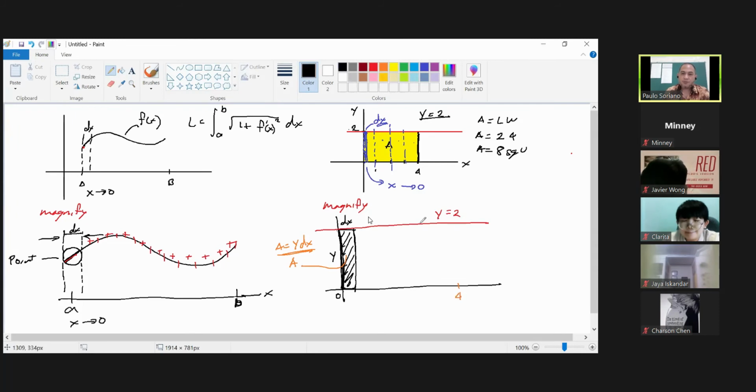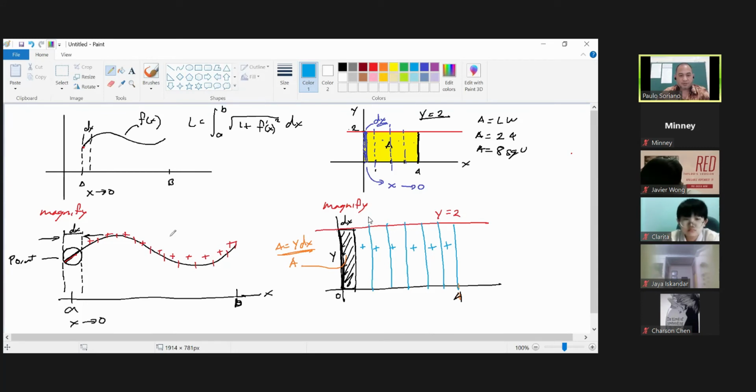If we evaluate this one from 0 until 4, that means we want to cut it. You use the dx here, here, here, here, here, until here, and then add everything, right? Correct? Yes?